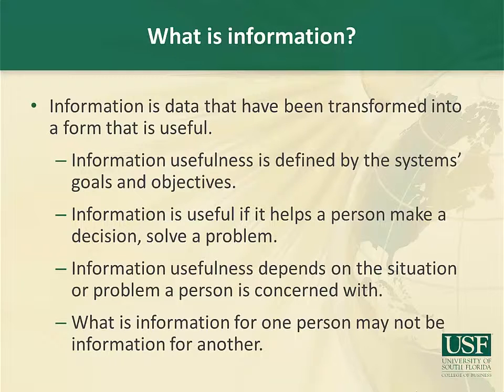Information is useful if it helps a person, a user, make a decision, solve a problem. Again, that defines to a large extent our goals and objectives. Information usefulness depends on the situation or the problem a person is concerned with, and what is information for one person may not be information for another person. Financial statements may be informative for stakeholders, but not so informative to managers.